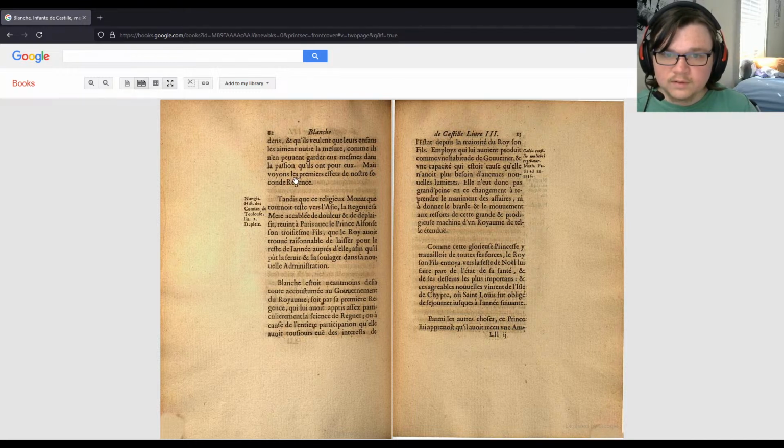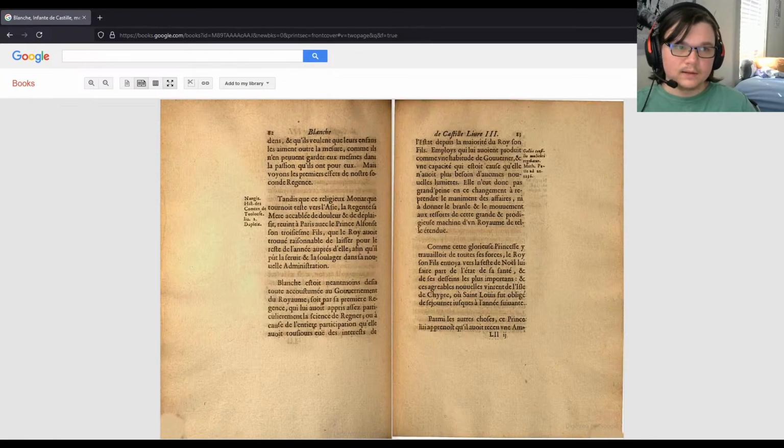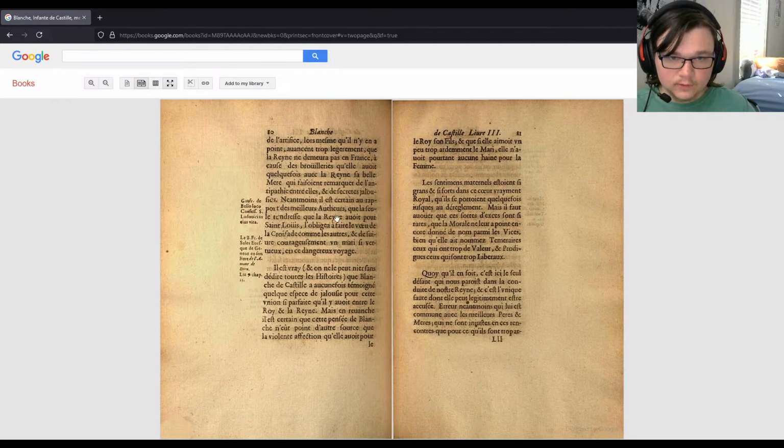But see the first effects of our second regency. Okay. I'm just looking through here. Okay, let's go back here, because this is what I've been looking for.